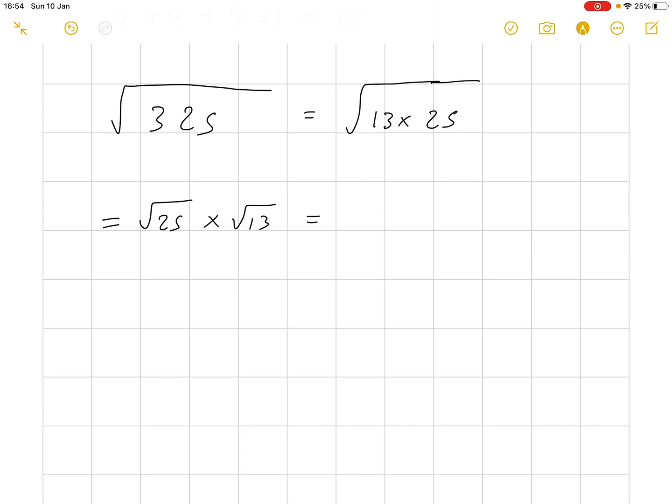This is, of course, 5 times the square root of 13, which we just write as 5 root 13. And this is our final answer, 5 root 13. It works because 5 and 13 are both greater than 1, and they're integers, they're whole numbers.